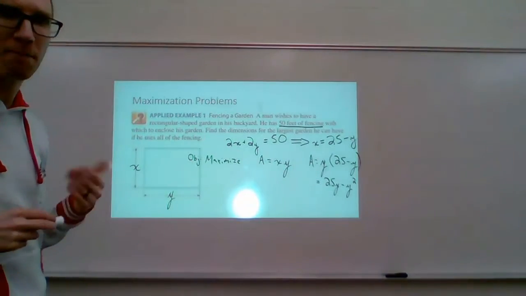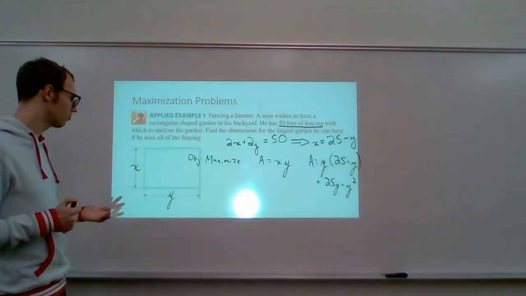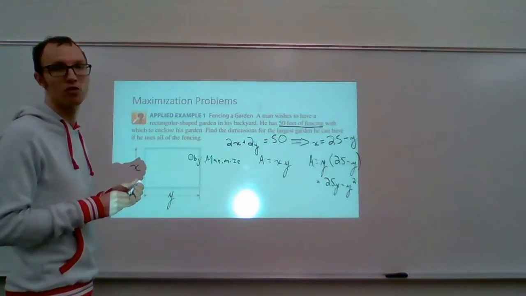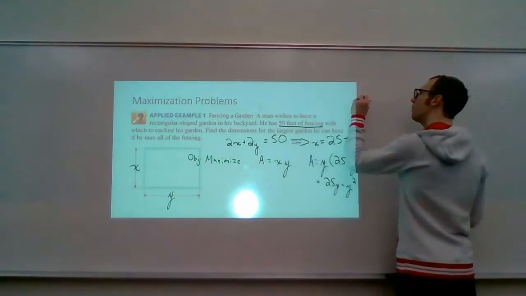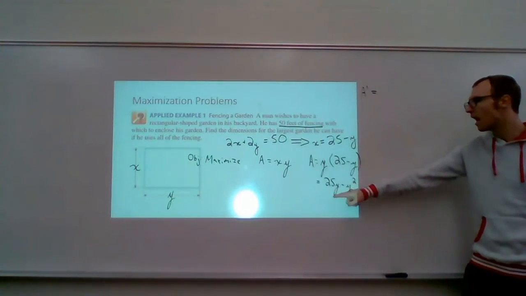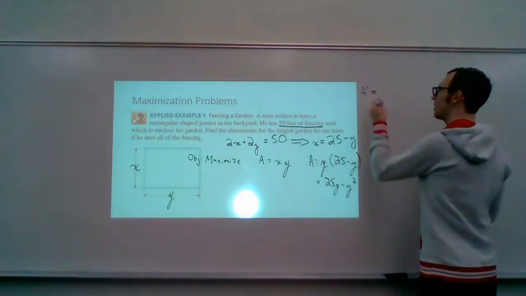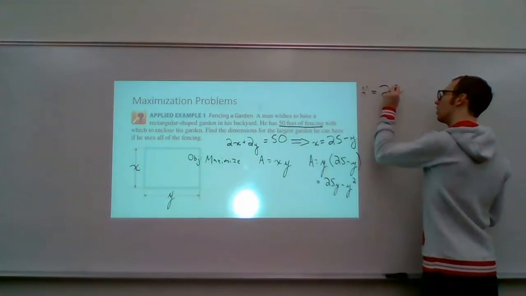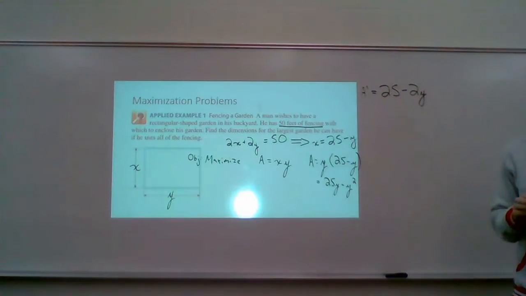And so remember, the way we do that, we use the first derivative test to find any critical values. Okay, so we're using the first derivative test, so I got plenty of room off to the side, I'll do that. So A prime is going to equal the derivative of 25y minus y squared, that's going to be 25 minus 2y.